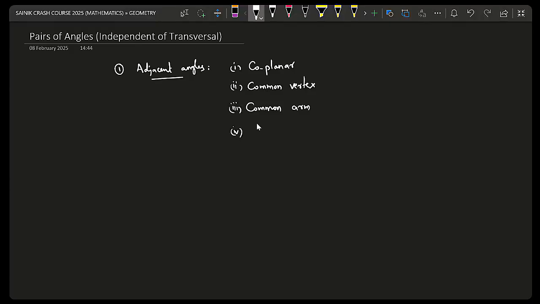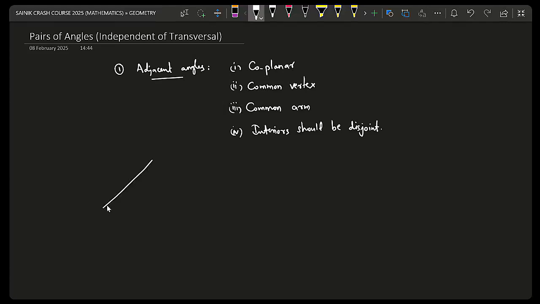And the fourth condition is that their interiors should be disjoint. I'll explain one by one. So there are four conditions to call two angles adjacent: they should be coplanar, have a common vertex, have a common arm, and their interiors should be disjoint.